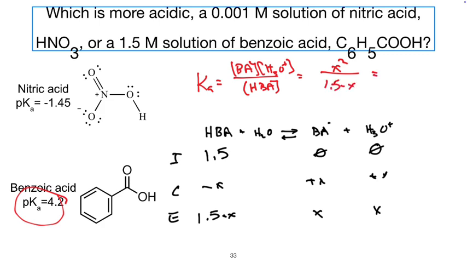This is going to equal 10 to the negative 4.2. I'm going to run my assumption first, hope for the best. Okay. With a negative 4.2, I'm right on that threshold. I'm probably okay with that assumption. And I would go through and get my x value. Once I had that x value, I could now go through and compare that back to the 0.001. Did you solve for an x already?